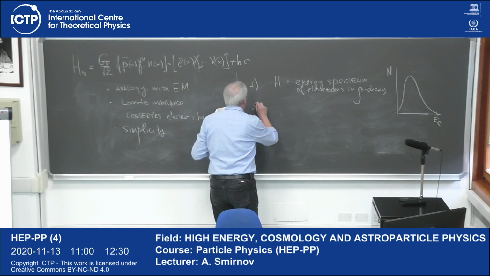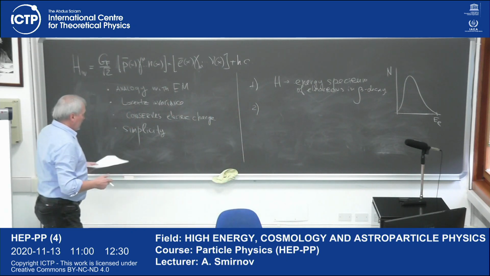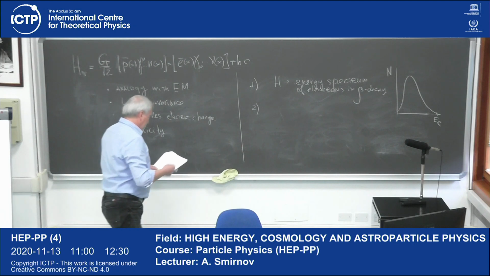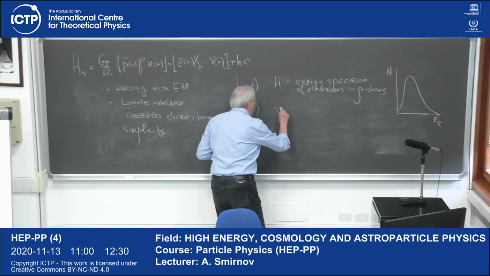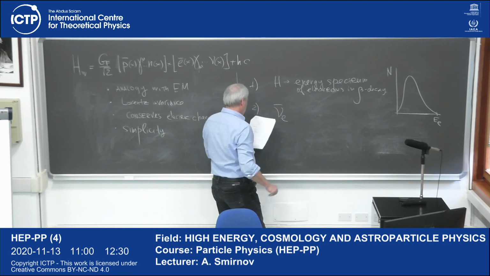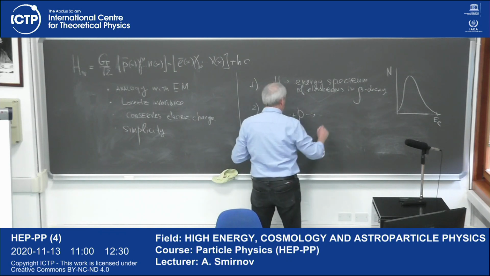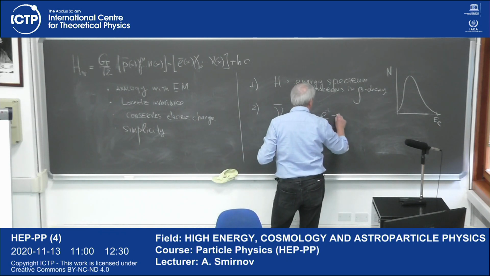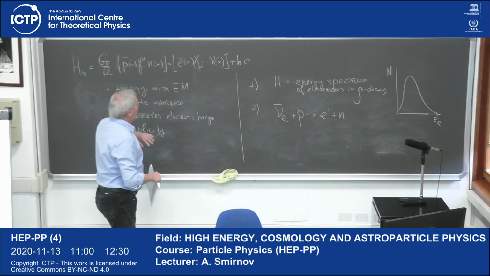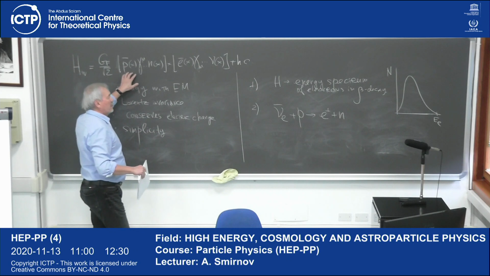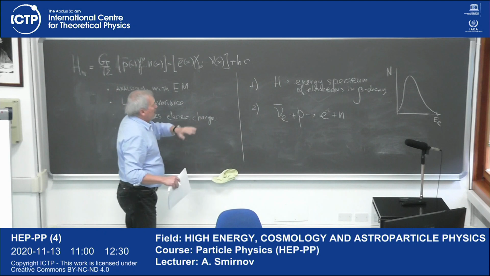As I started to say, this Hamiltonian actually not only describes beta decay, but it also tells us that some other processes exist. In particular, an electron antineutrino can interact with a proton, producing a positron and a neutron. This is the algebra of reactions. We have these fields, and the same Hamiltonian describes other processes.